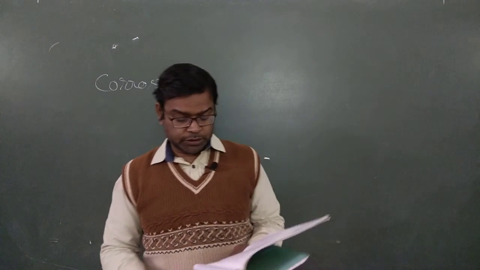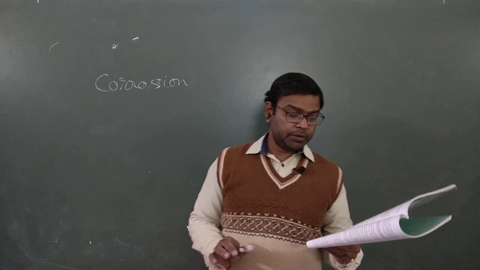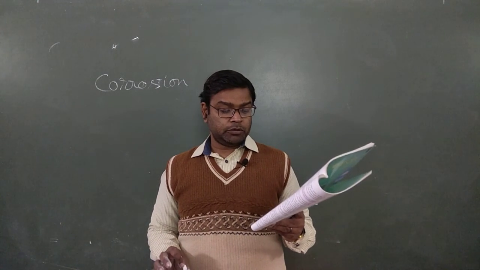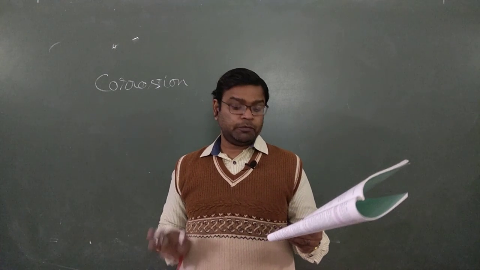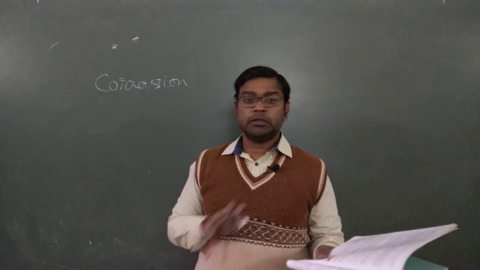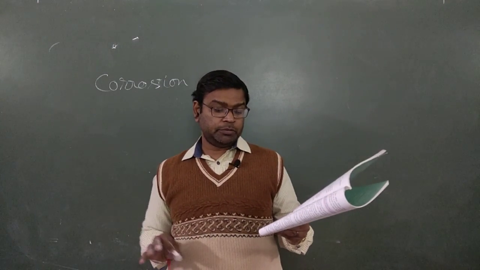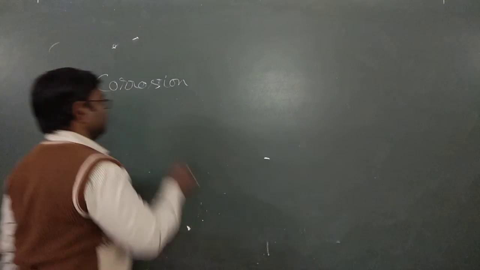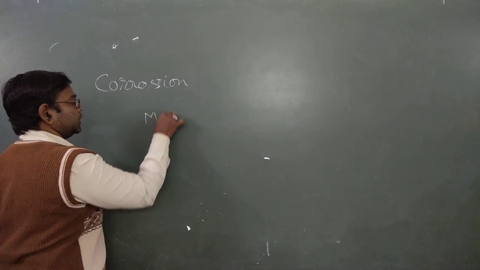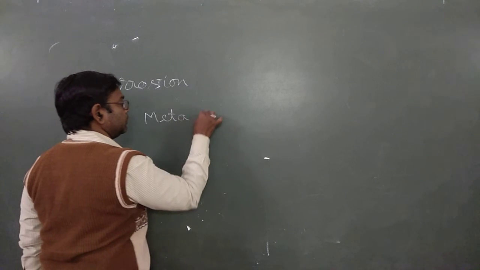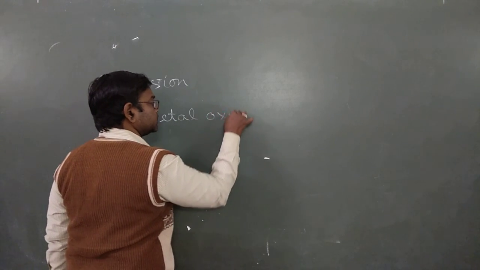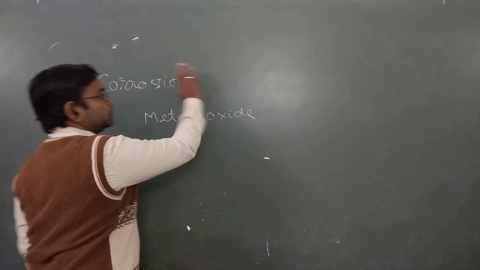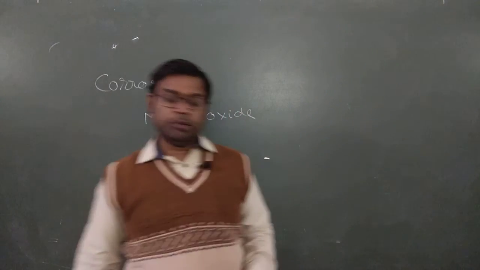Corrosion happens because of the formation of metal oxide over the upper surface of the metal with the action of air. They form on the upper surface of the metal.